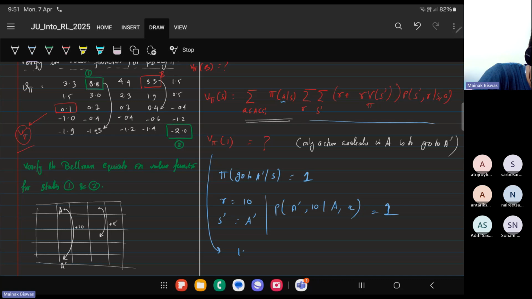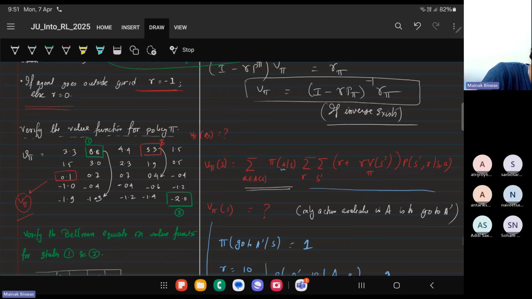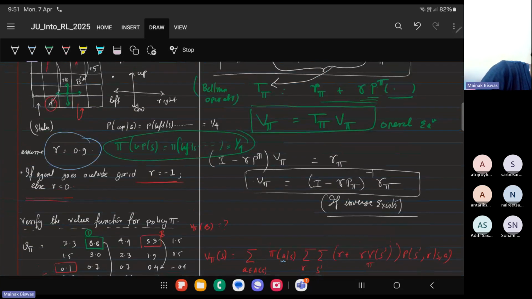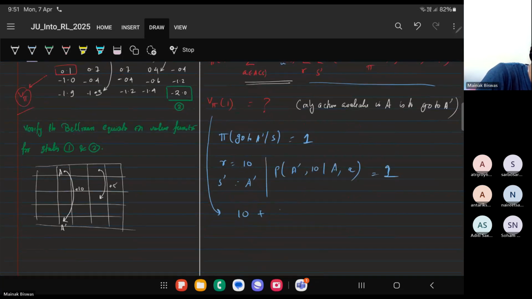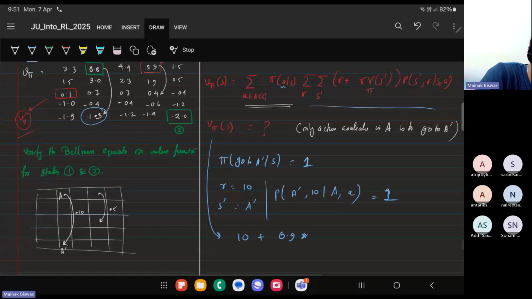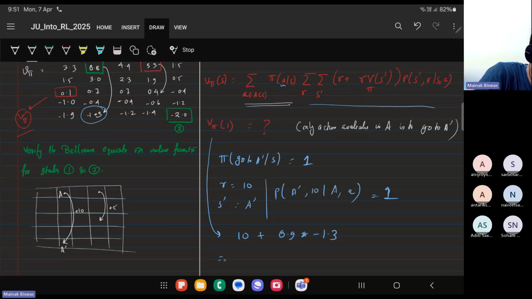It will be just 10 plus, say gamma is chosen to be, I think, 0.9. 0.9 into 1.3, minus 10. This is my 8.83, right? This is how you calculate this.